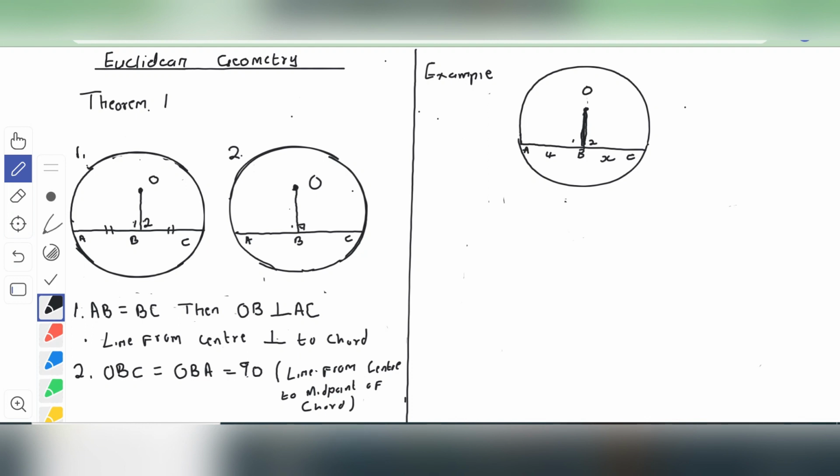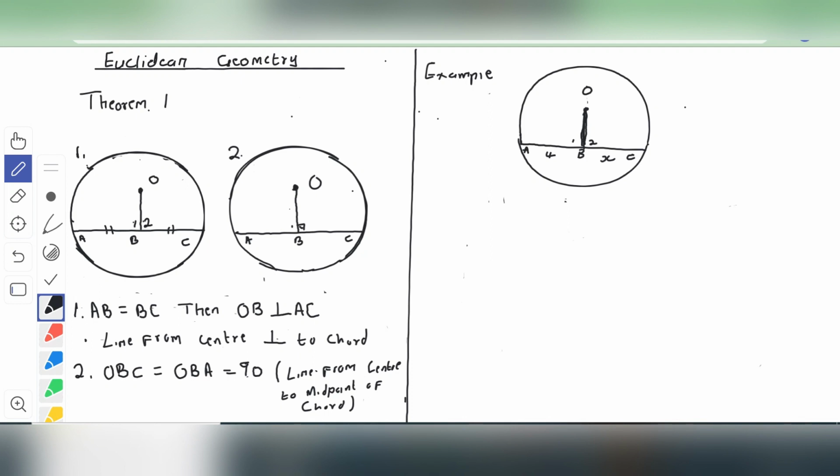Okay, I know someone will ask, why are those reasons different? From the second diagram, we're not given the lines, but we're given the angles, angle OPC, which is equal to 90 degrees, and also angle OPA is equal to 90 degrees.